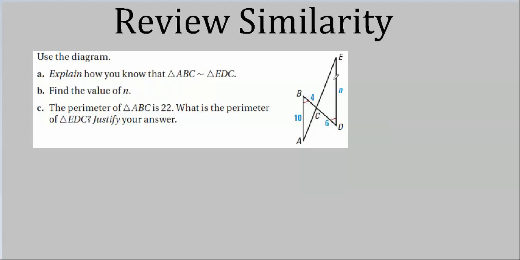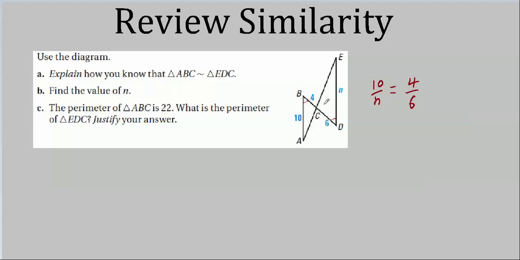Find the value of n. Well, that's not too bad. We just have to, of course, recognize that in similar triangles, the ratios will hold all the way through. All we have to do is figure out which are the corresponding sides.